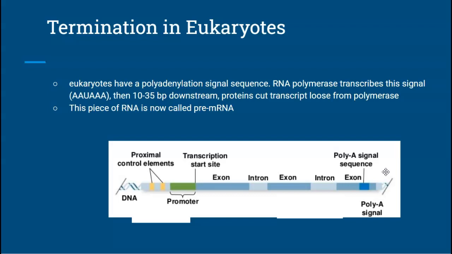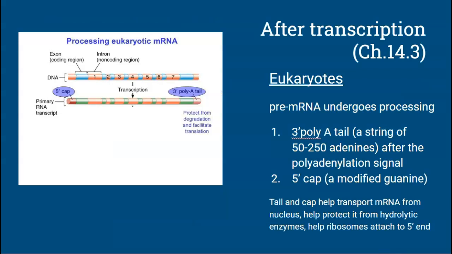Okay, this piece of RNA now is not fully finished though. It's called pre-mRNA because it's not quite finished yet. With eukaryotes, we've got some processing before it's considered to be totally done. So here's what happens.